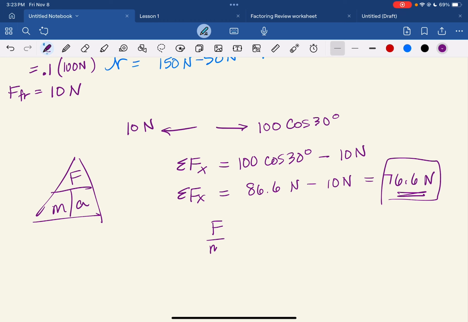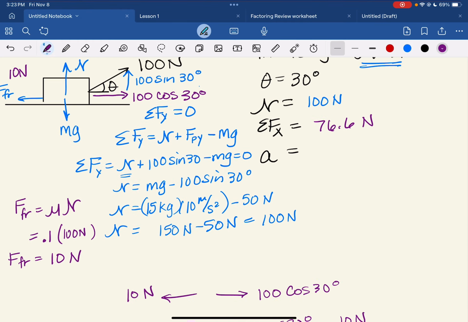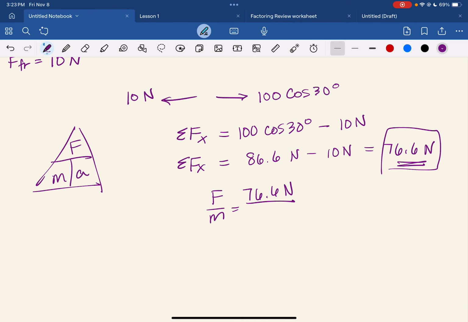So force over mass is equal to 76.6 newtons over my mass, which is 15 kilograms. 76.6 divided by 15 gives me 5.1 meters per second squared. So that would be my acceleration of the object.